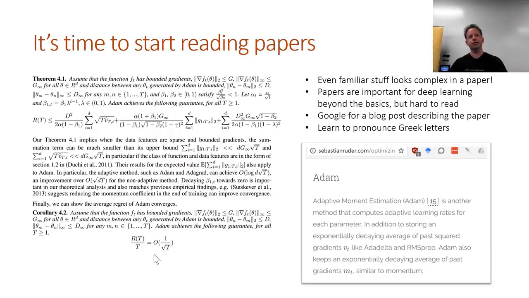And the other reason it's a big long thing is because they have things like theorems and corollaries, where they're saying, here's all our theoretical reasoning behind why this ought to work. For whatever reason, a lot of conferences and journals don't like to accept papers that don't have a lot of this theoretical justification.